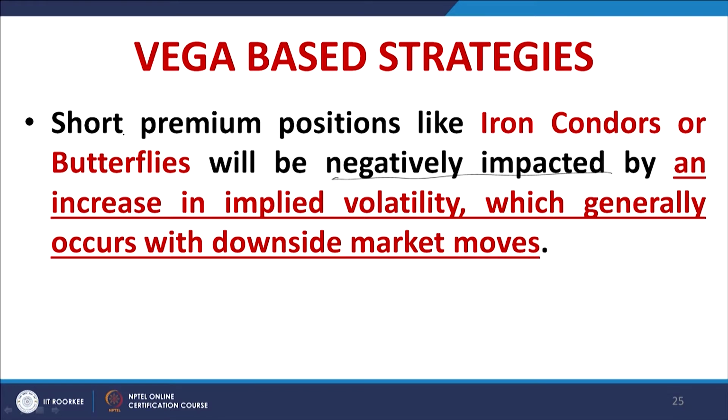Because they have negative Vegas, an increase in implied volatility means that they will suffer a loss, or a decline in value. An increase in implied volatility generally occurs, it is an empirical fact, on downside market moves.